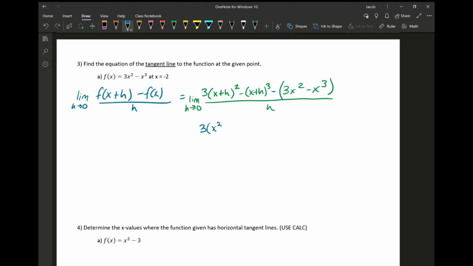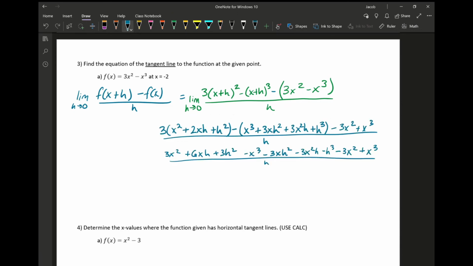So I'm going to multiply this out real quick and be back with you. Ooh, finding slope is a crazy thing. We have to do a lot of multiplying. There's a lot of math involved and a lot of simplifying involved. So we have the same issue. We can't just plug in h, and we want to be able to.